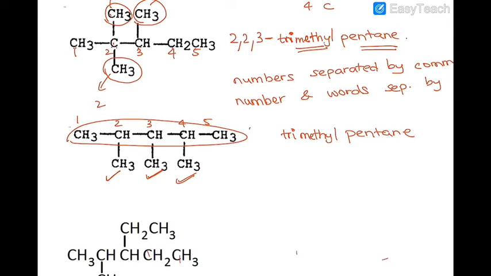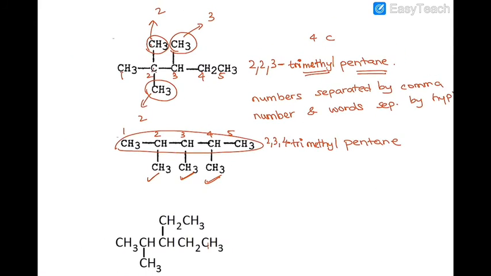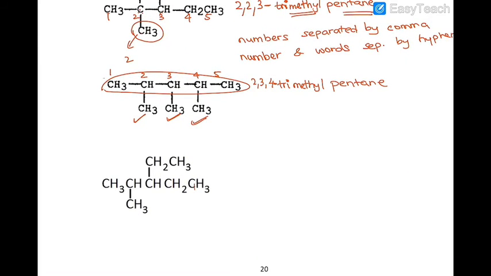And then you have 2,3,4 hyphen trimethylpentane. When you are naming, you have to be very careful about the commas, the hyphens, and the naming. You cannot miss any steps. You have to be very careful.